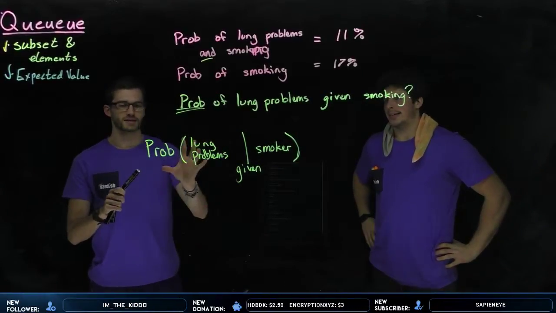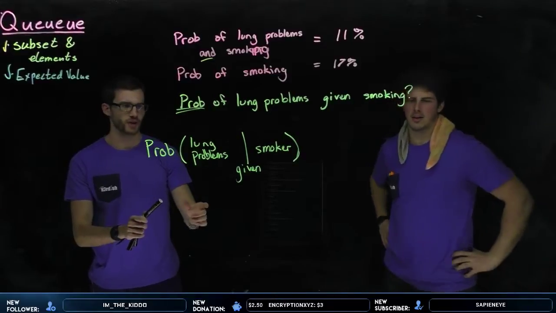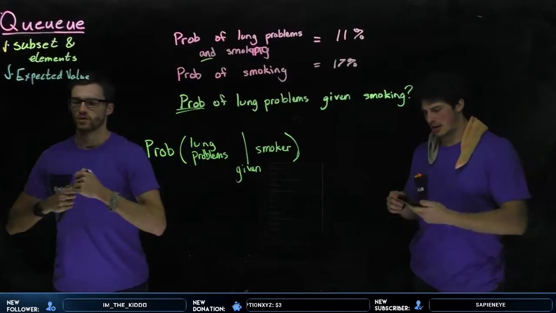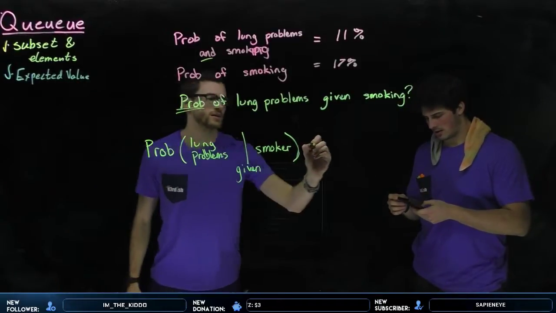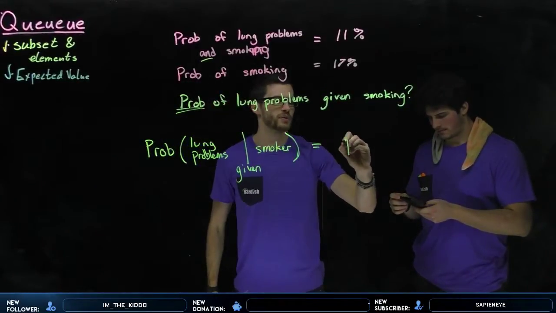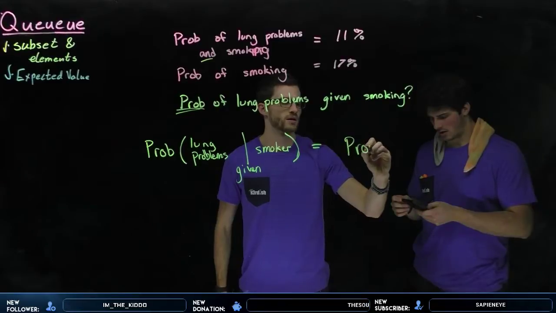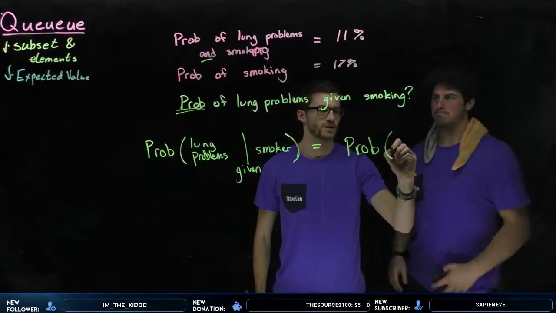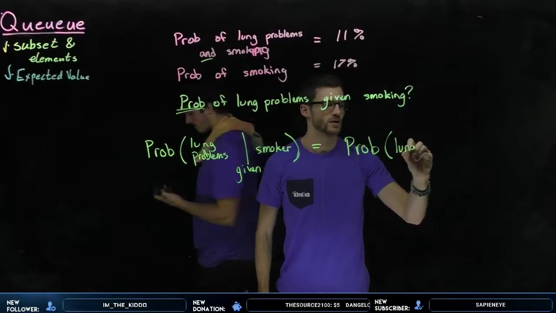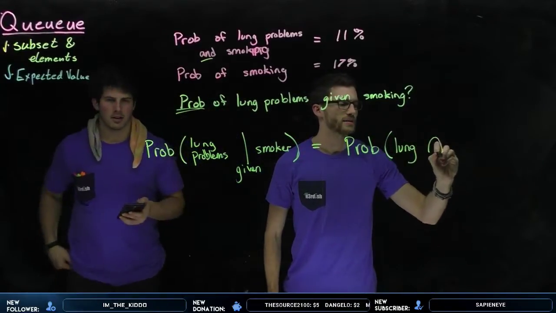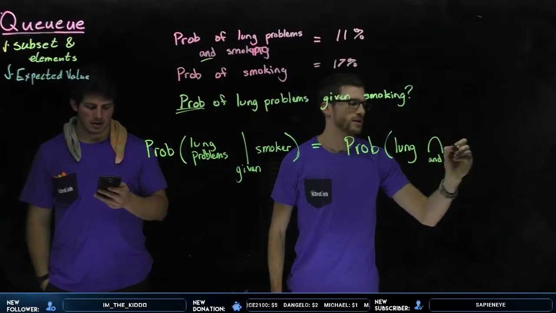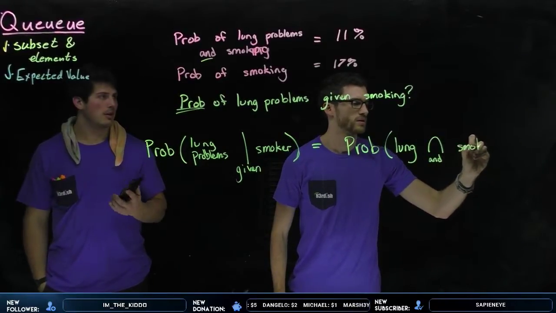This is not as simple as it may seem right away, because we're going to put this in a bigger equation. We're going to say that this equals the probability of both of these things happening at the same time. So we're going to write this as lung and smoke, where "and" means both.